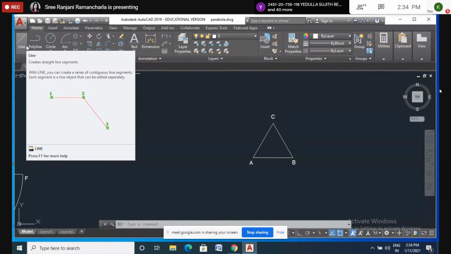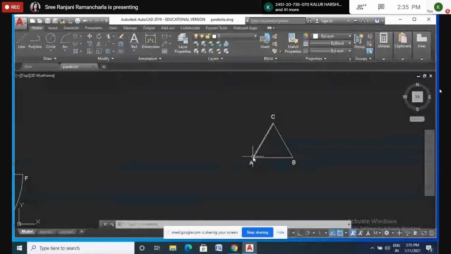Just wait. We have to extend this line of one length.